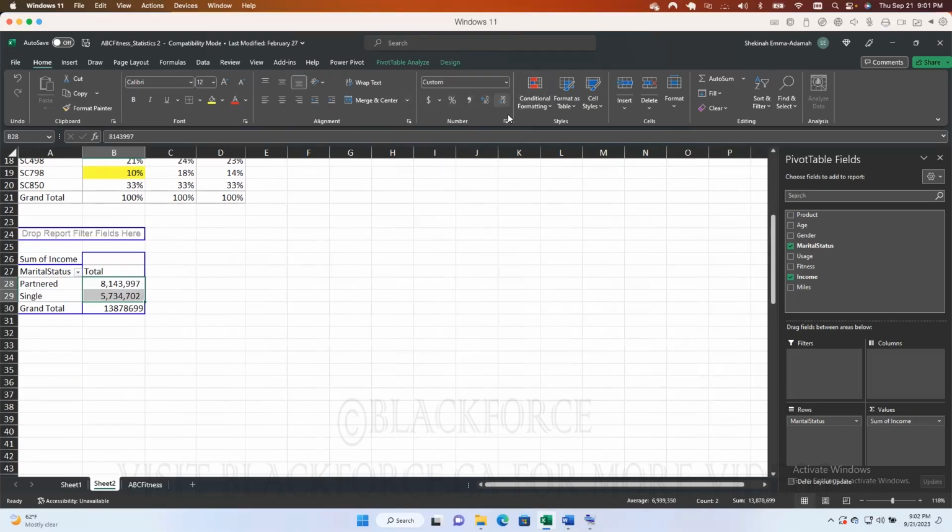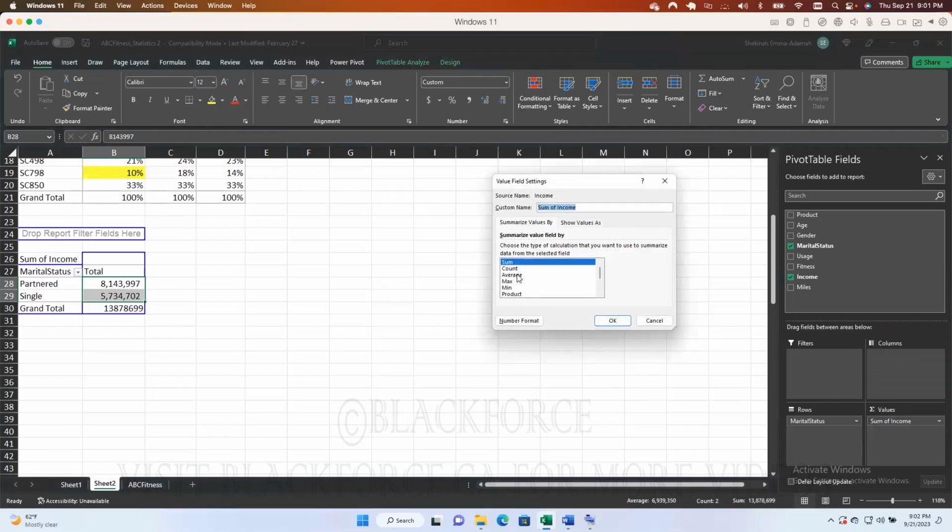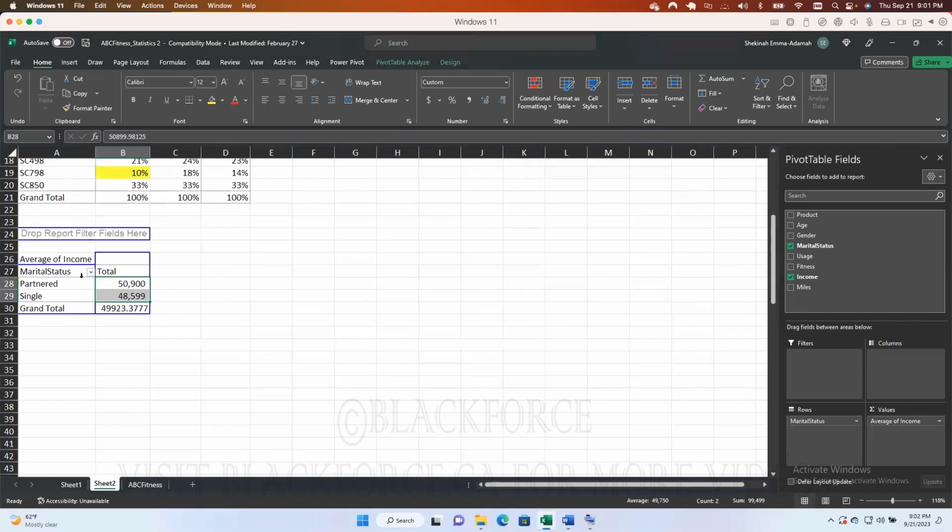But that number is not really meaningful as a sum, because it would just depend on how many people are married versus single. So you most likely want to use an average in this case. You want to know the average income among single or partnered people. So partnered people have a slightly higher income, right?